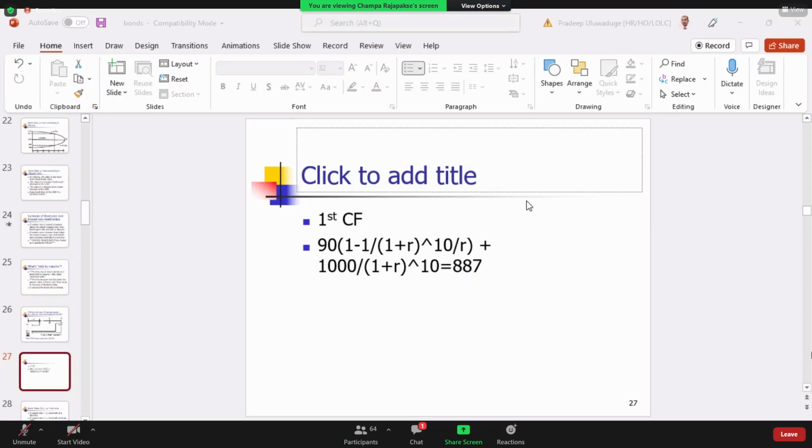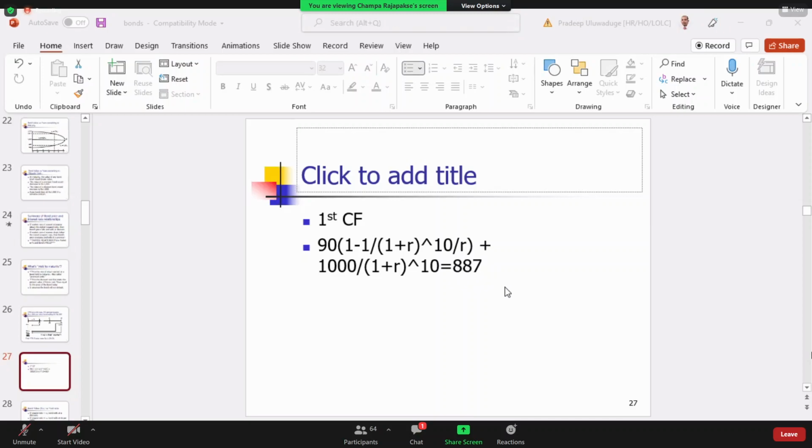If you are doing it by hand, you have to use the procedure called trial and error. Last week also we tried one trial and error. You substitute a value for R and then calculate the present value, and depending on the value you get, you compare it to 887.